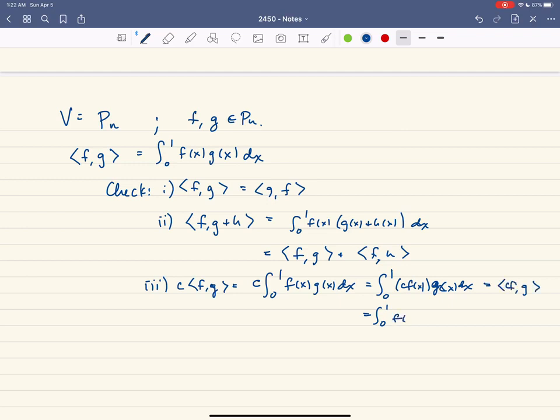Or you could write this as f times c times g dx, which is f taken inner product with c times g.